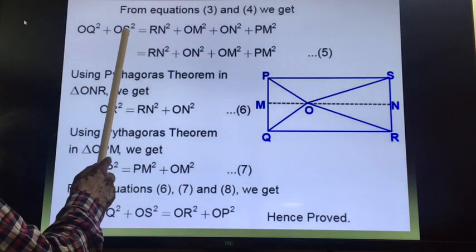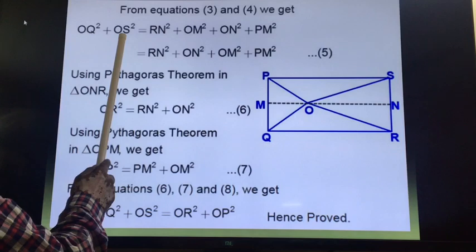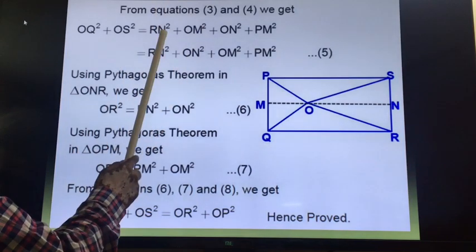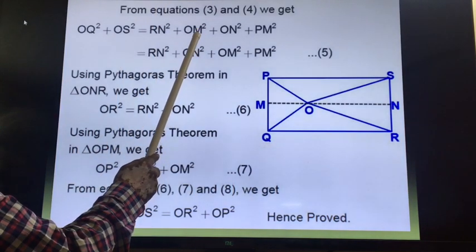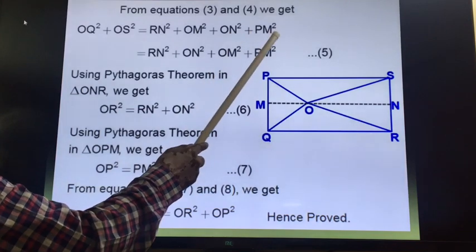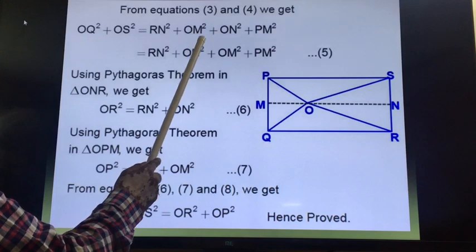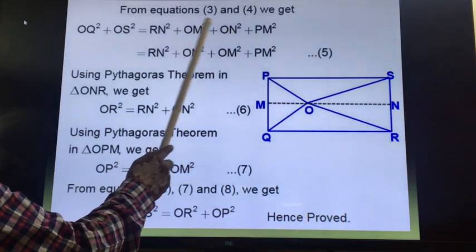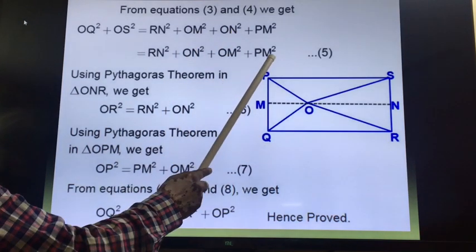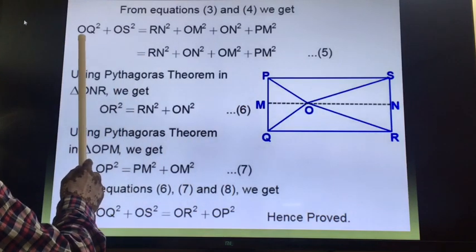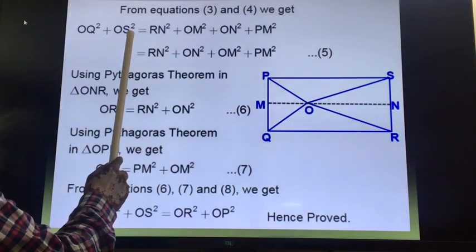So OQ square plus OS square is equal to RN square plus OM square plus ON square plus PM square. Now RN square and ON square, we'll write together, plus OM square plus PM square.